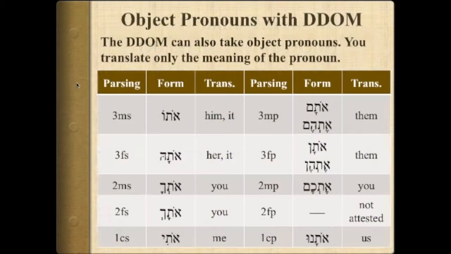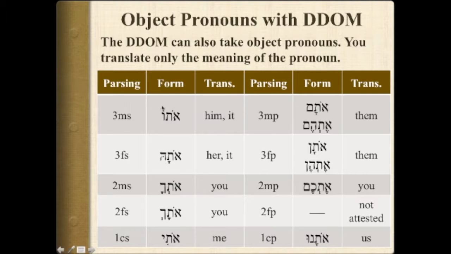Now, there are times when the definite direct object marker can occur with an object pronoun, one of those suffixes that we learned about. And here is a chart showing the various forms of that.